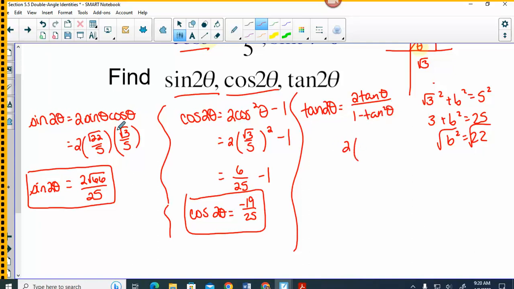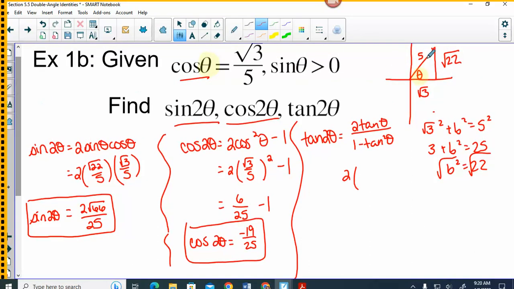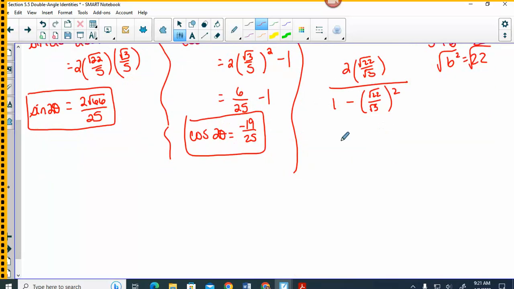So we have 2 tangent of theta, opposite over adjacent, over 1 minus tangent theta squared. All right, this one's going to get pretty ugly. So we get 2 radical 22 over radical 3. 1 minus, if I square that, that's 22 over 3.